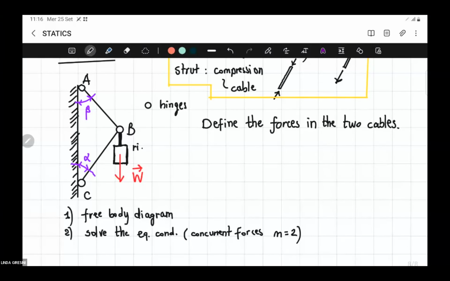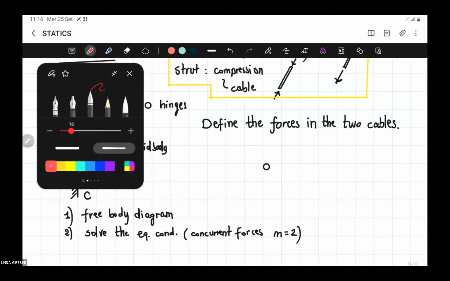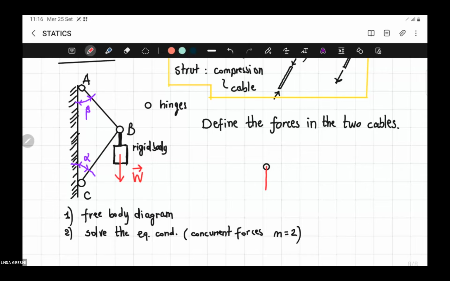This is a rigid body. To remember yesterday, we talked about rigid bodies. We said that they do not deform and forces can be translated without any effect on the body itself. So we can translate W into B. Basically, we can take the hinge as the point. So W will be this one.